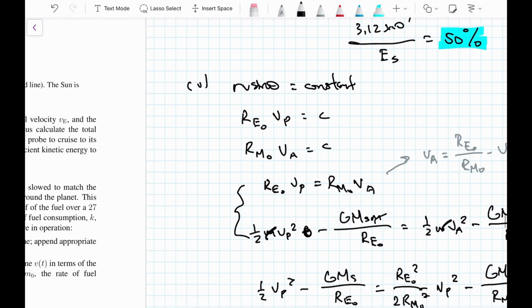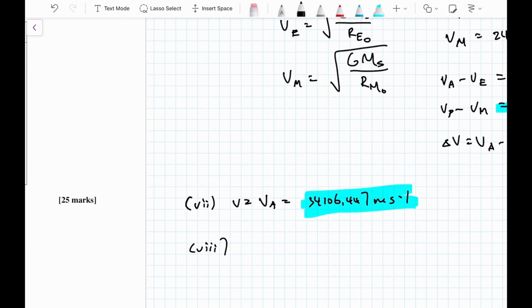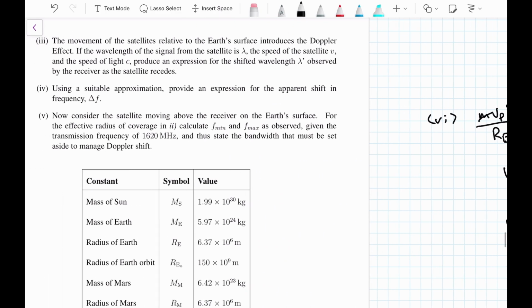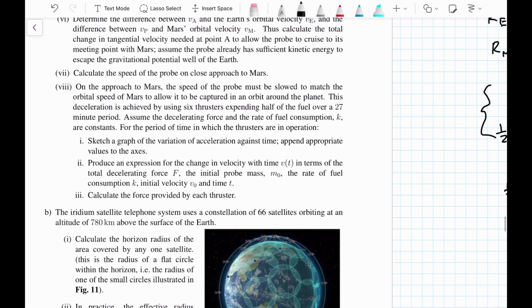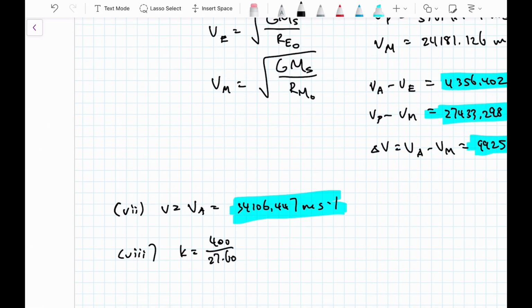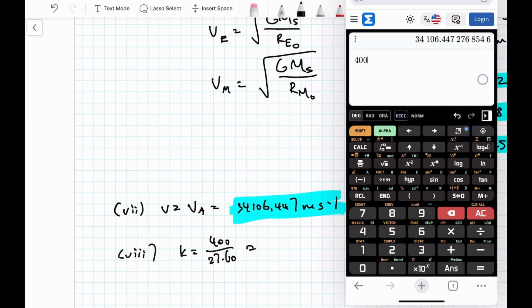Now, if it's 800 kilograms of foil, then technically the rate at which foil is ejected is basically just equal to 400 over a 27-minute period, right? Let me double check. So 27 times 60, and it is 400 over 27 times 60.